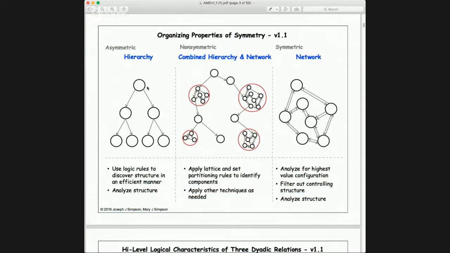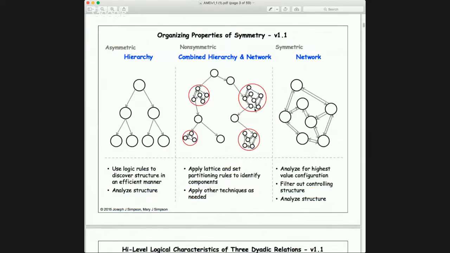So when we're thinking about whether or not you can have an asymmetric and a reflexive type of logical property together, or what types of logical properties match each other, we have some interesting situations in non-symmetric approaches because we have them both. So if we apply our tools here and create a hierarchy, we're going to have one set of rules.